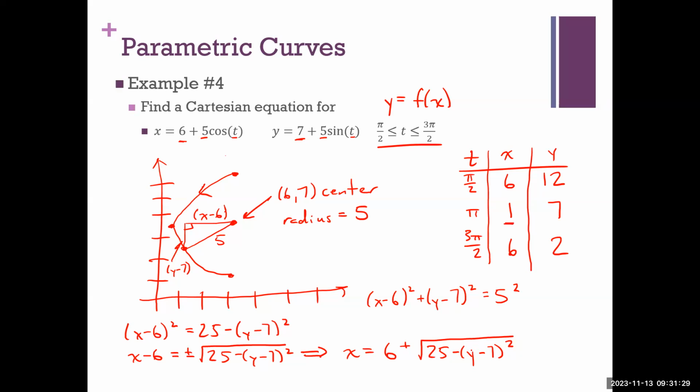Numbers larger than 6, right? Do we want that? So I think we just need to eliminate the plus, and this right here is basically what we graphed. If you let y sweep out the values that it can take, then you'll get that left half of the circle.